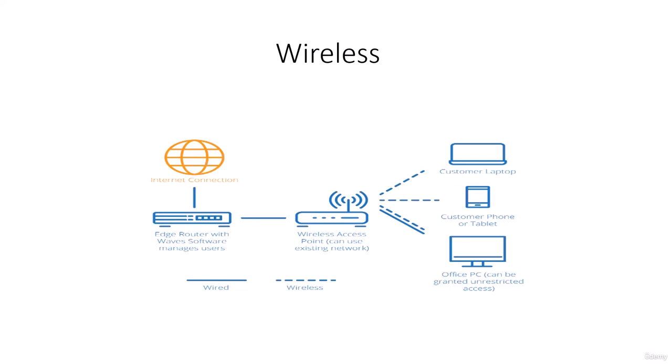In the next lecture we will explain what the wireless components are, and I will let you build a small wireless network and learn what the settings are and what needs to be done on a wireless network, because when you understand the settings you will understand what its weaknesses are. So in the next lecture we are going to explain the wireless components and how to build a wireless network.